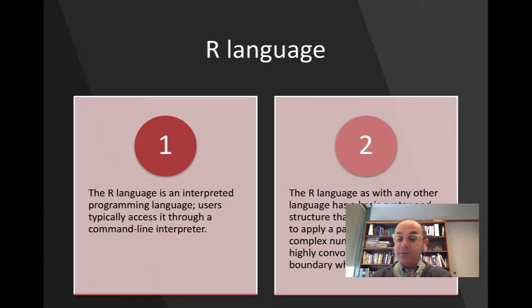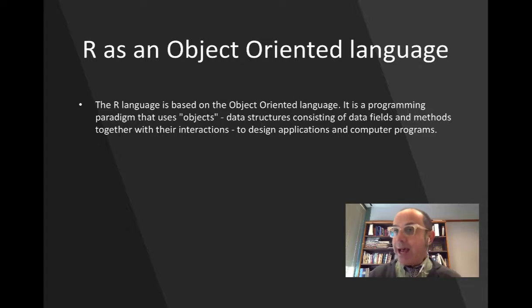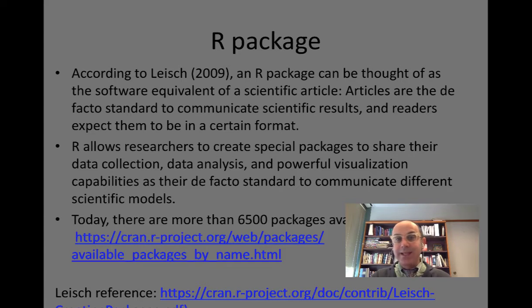However, there are some additional components that you are not familiar with, and that's what makes R so powerful. As I said, R is an object-oriented language, but the object is also the data structure that we are going to bring into R in order to design, to run the analysis, or even to run the visualization. The whole structure in the beginning will look a little strange, but in the end you will understand why R is an object-oriented language.